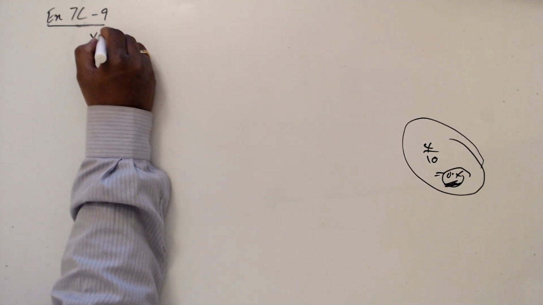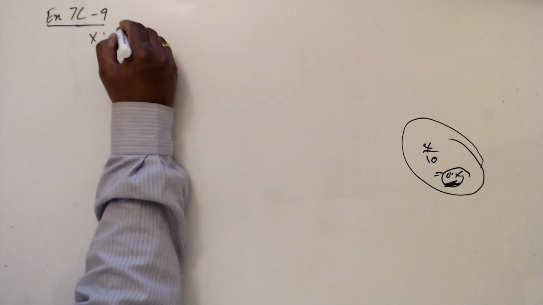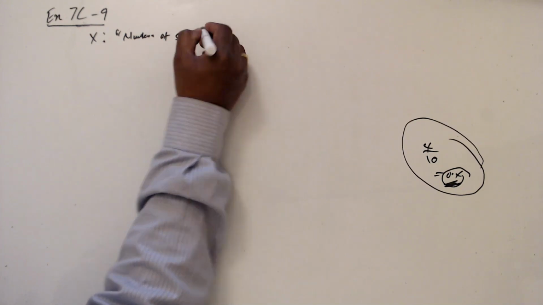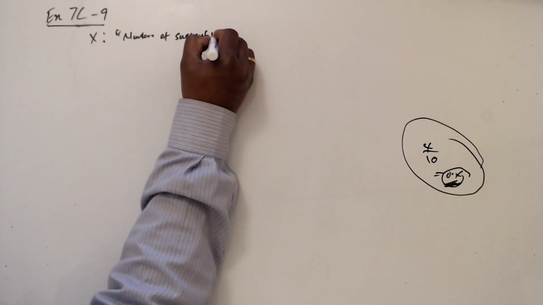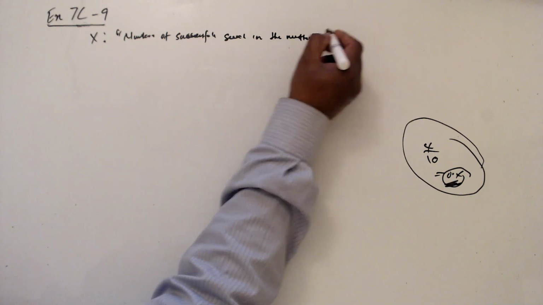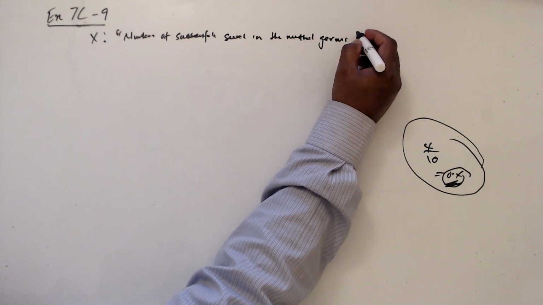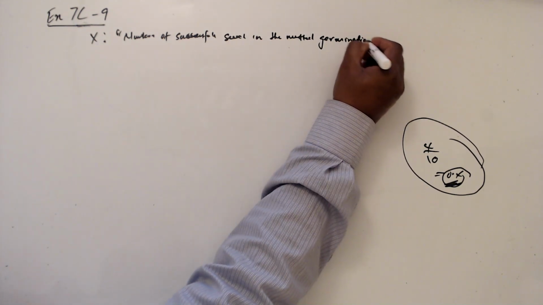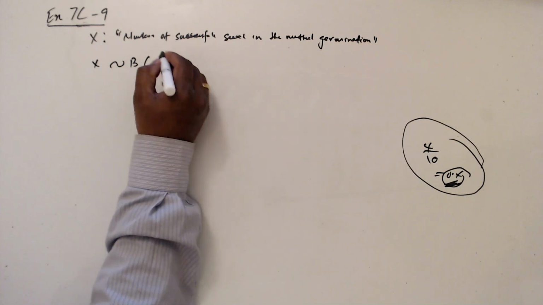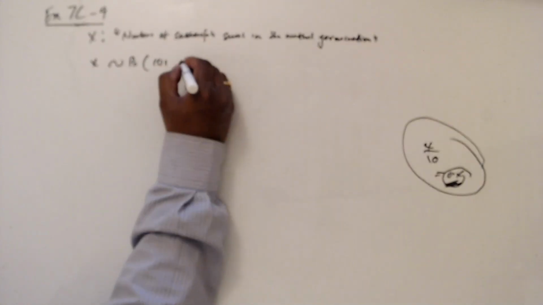So X is the number of successful seeds in the method of germination, and X follows binomial 10, 0.4.